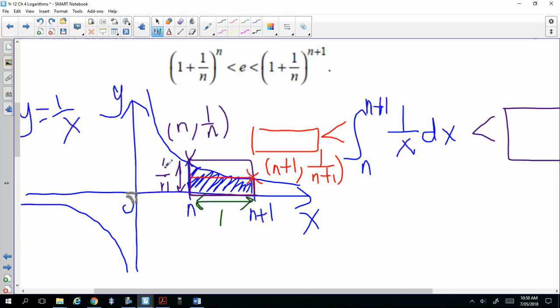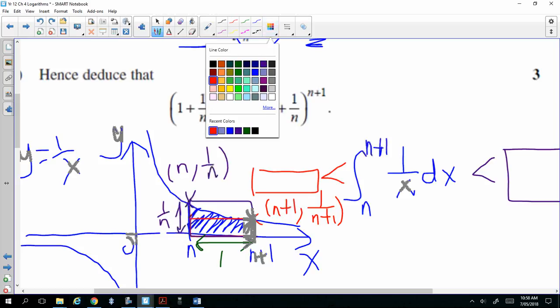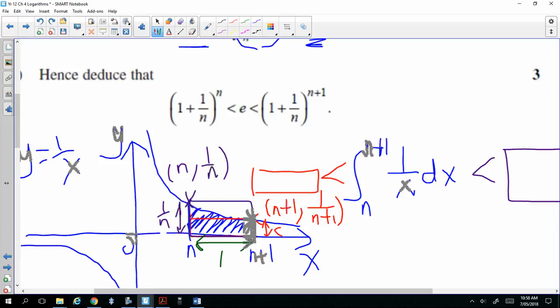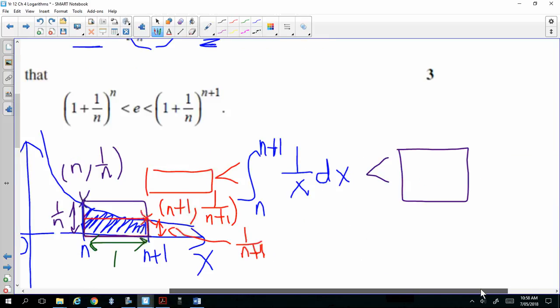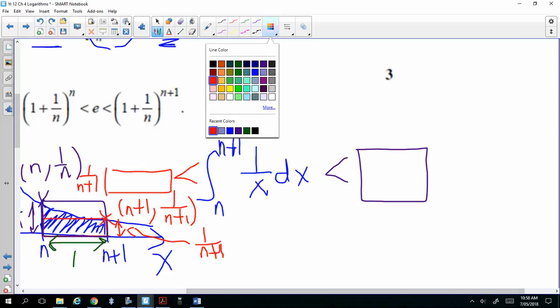So I could just summarize over here. The height of this is 1 over n plus 1. The other one is 1 over n. Both have width 1. So now we can find the area for both.